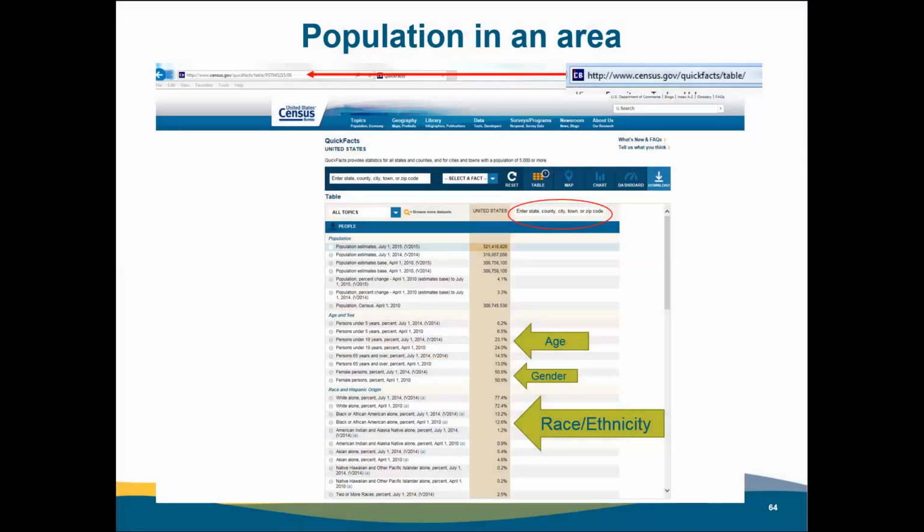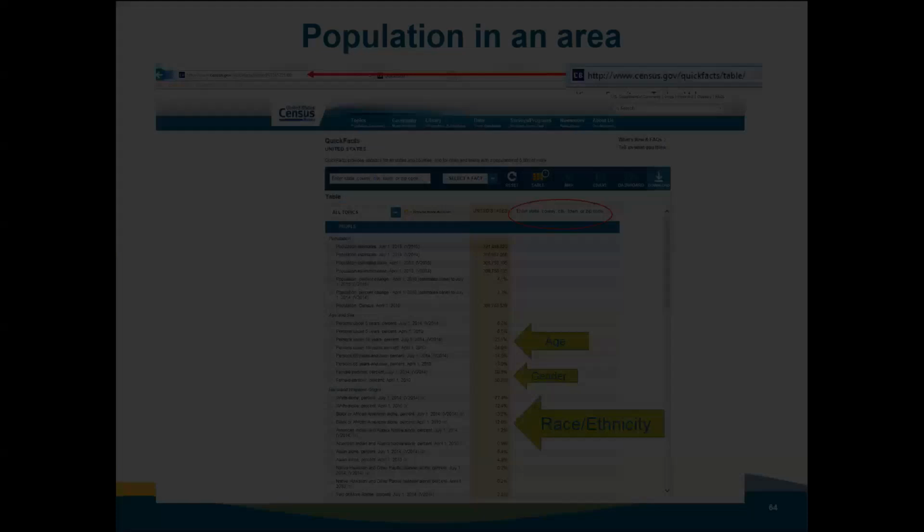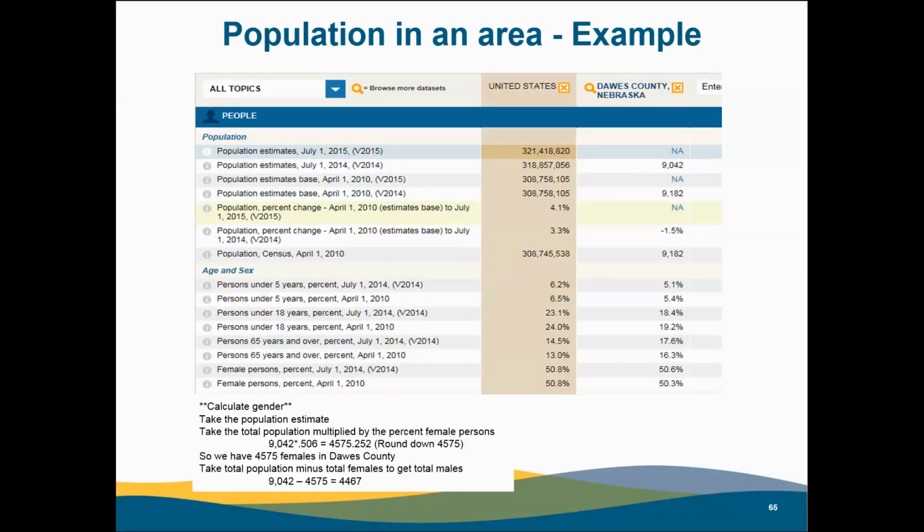And then for those of you who aren't as familiar with census information, if you go to census.gov, you can pull up these quick fact tables, and you can enter your city, county, state, town, zip code even, and then it will pull up the census data for that area. You can see here in my example, I pulled up Dawes County.